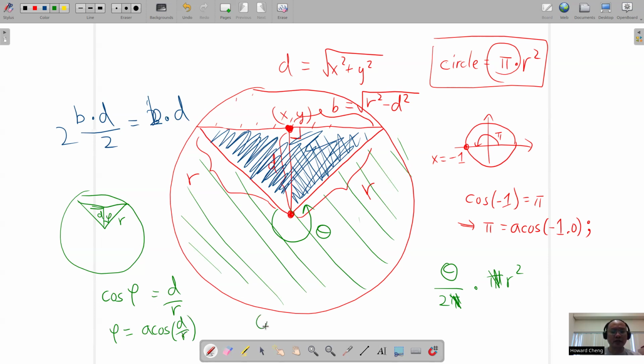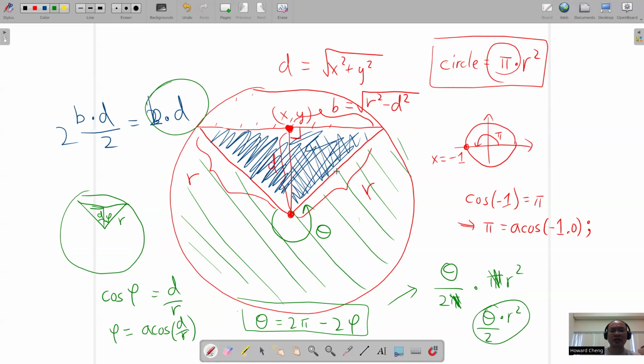And then theta is just 2 pi minus 2 psi because it's one side over here and the other side on the other side. And that's pretty much it. Once you know this theta, you can plug it in to get the green area, theta over 2 times r squared. And then once you have the green area, add the blue area, that's the large chunk. And then the small chunk is the large chunk subtracted from the area of the total circle.